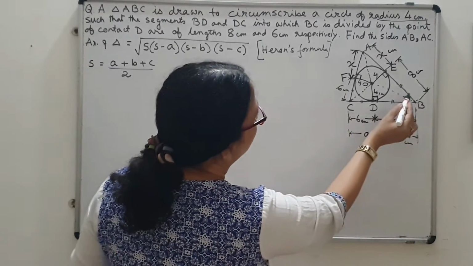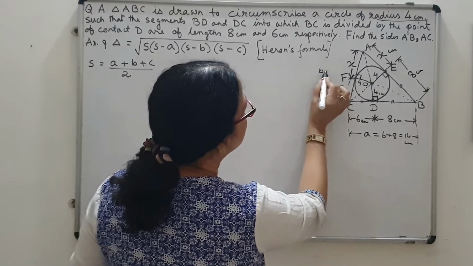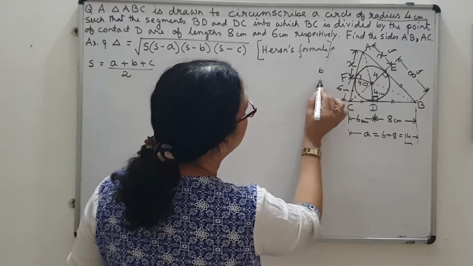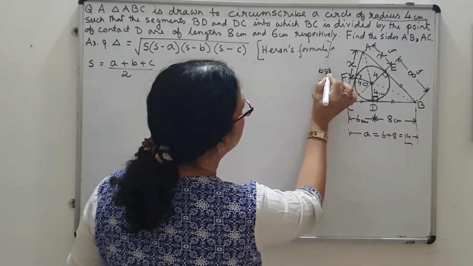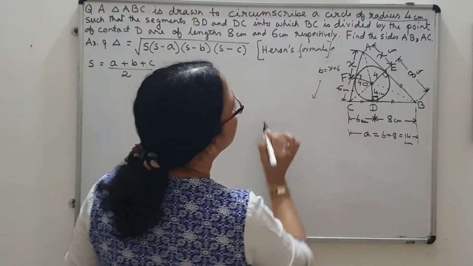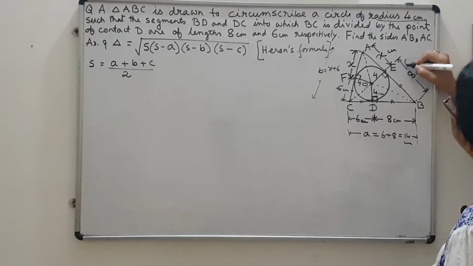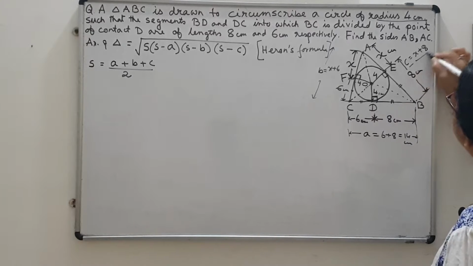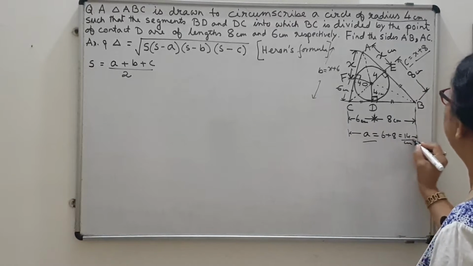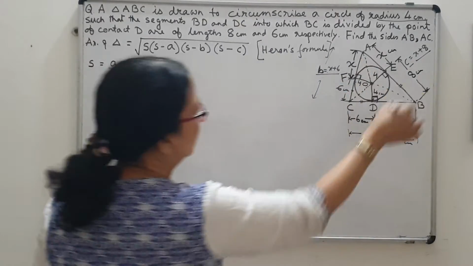Then b is the side opposite to angle B, and b is equal to x plus 6. And the side opposite to angle C will be small c, so c is equal to x plus 8. So these are the 3 sides: a is 14, b is x plus 6, and c is x plus 8.